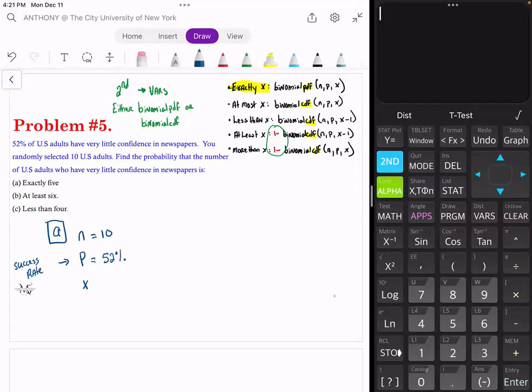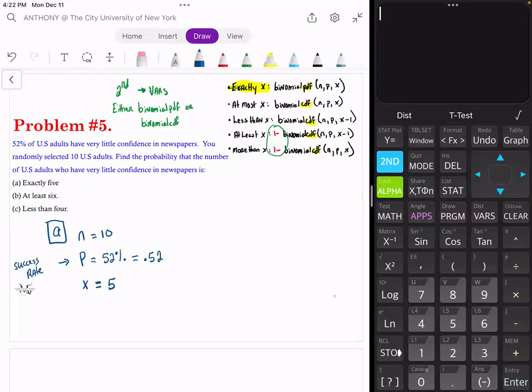For computation purposes, namely entering 52% in the calculator, you will need to convert this to a decimal, which gives us 0.52. Now, in part A, it states exactly 5. So x is only going to equal one number, which is, of course, 5.